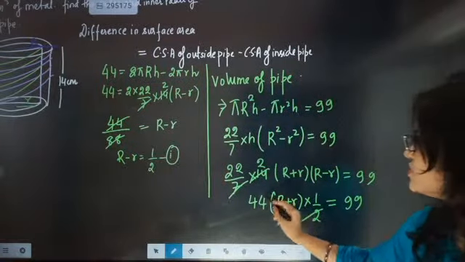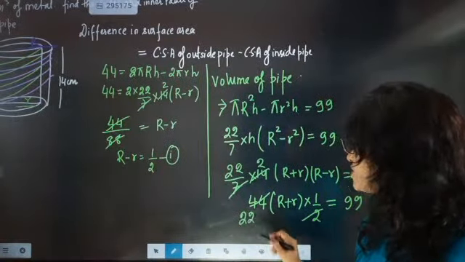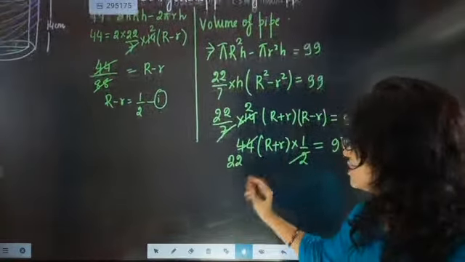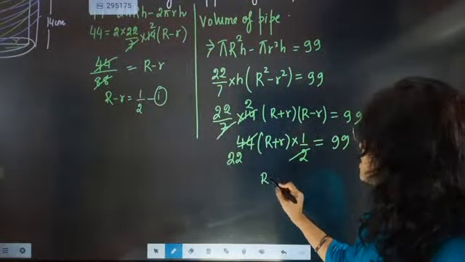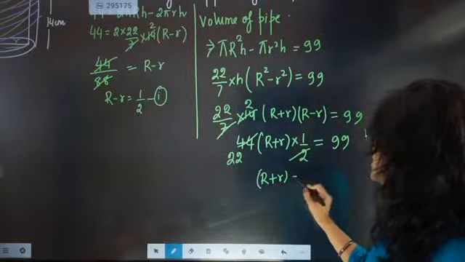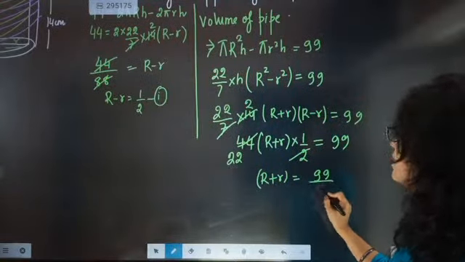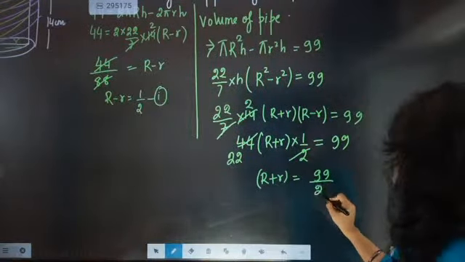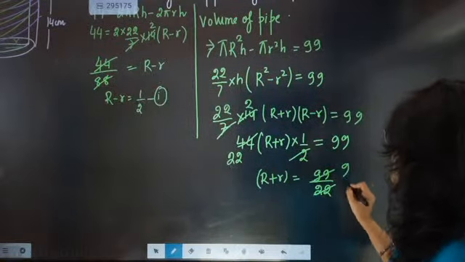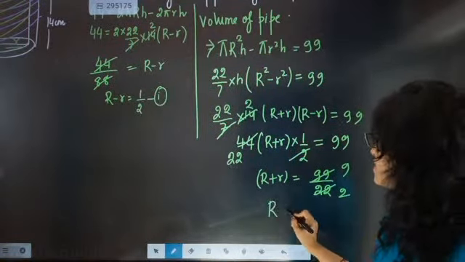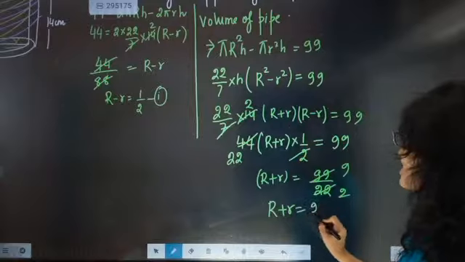So now this and this will cancel 22 times. So now R plus r will be coming as 99 by 22. So it is 11 9s are 99, 11 2s are 22. So R plus r is coming as 9 by 2.